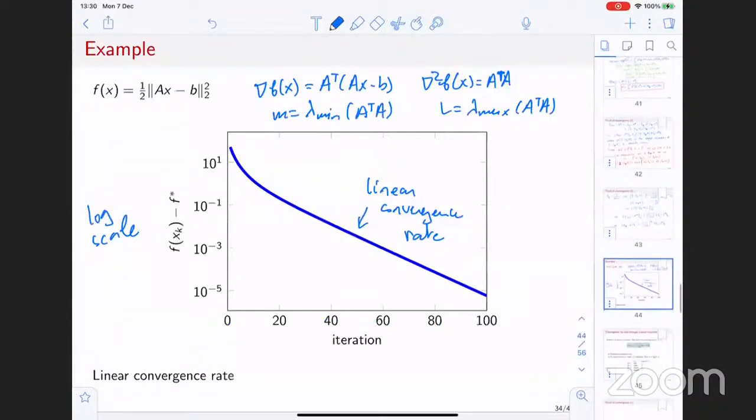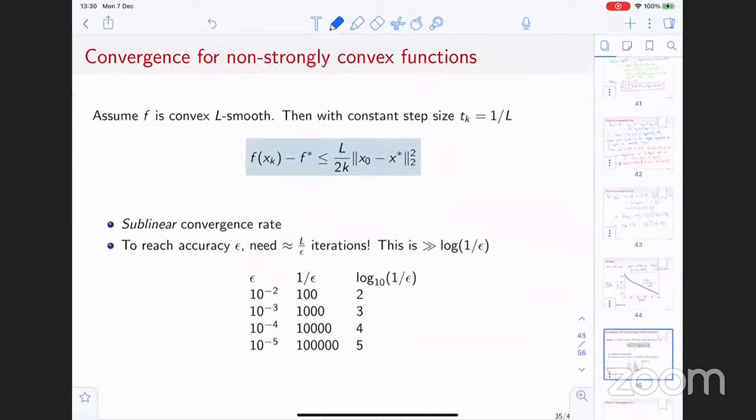Now, what happens if I apply the gradient method to a function that is not strongly convex? This is what I want to state next. This is an important result in optimization that anyone doing research in optimization and algorithms should know.